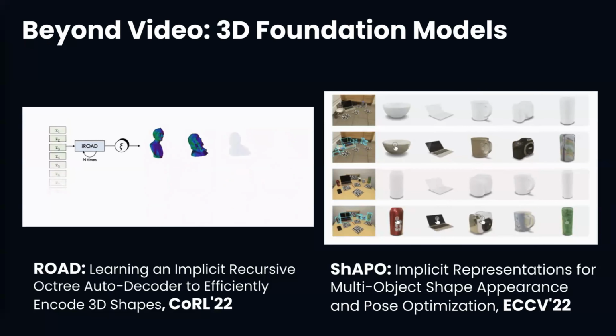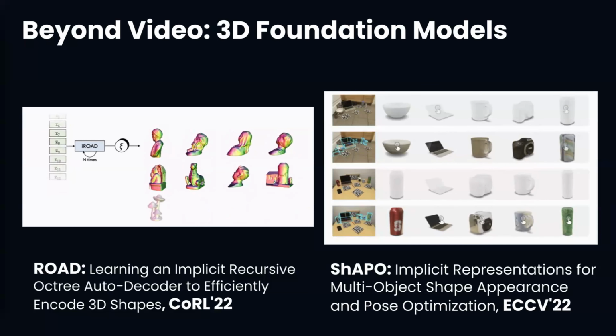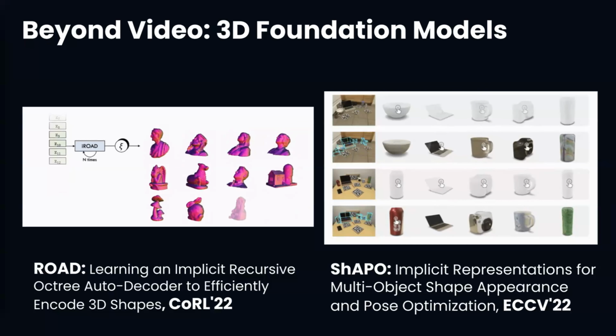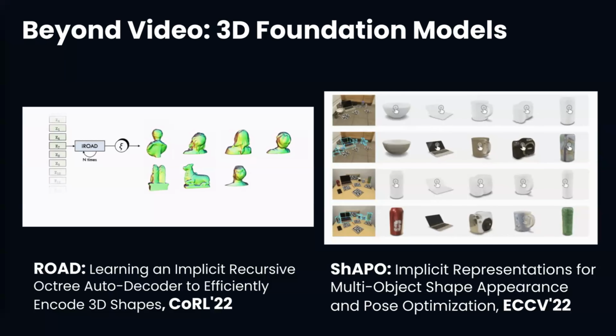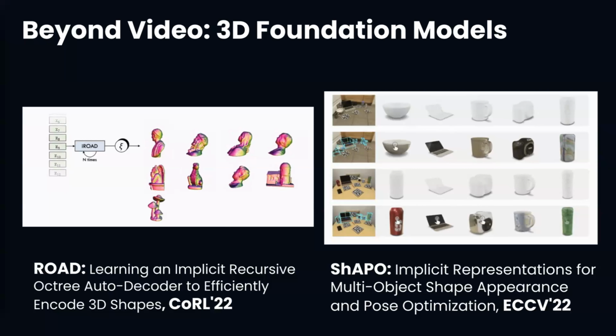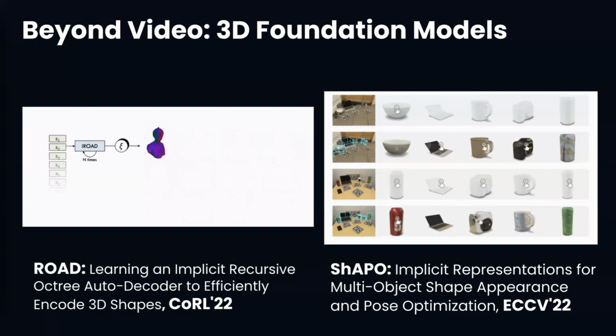For instance, for efficiently representing and generating many shapes from 3D point clouds or meshes or CAD models. This is the ROAD model you're seeing on the left here, where ROAD stands for recursive octree autodecoder. It's basically a generative model of shapes that can include many shapes at many different levels of resolution. And we can work also with RGBD. I think almost all robotics applications have RGB cameras.